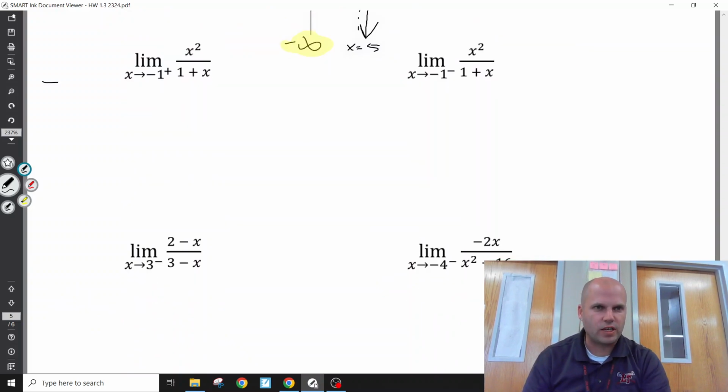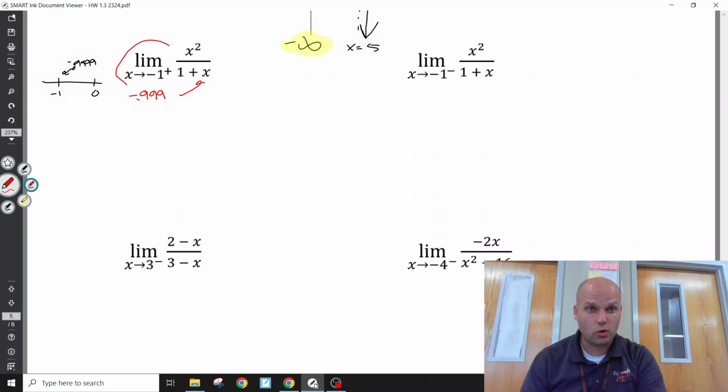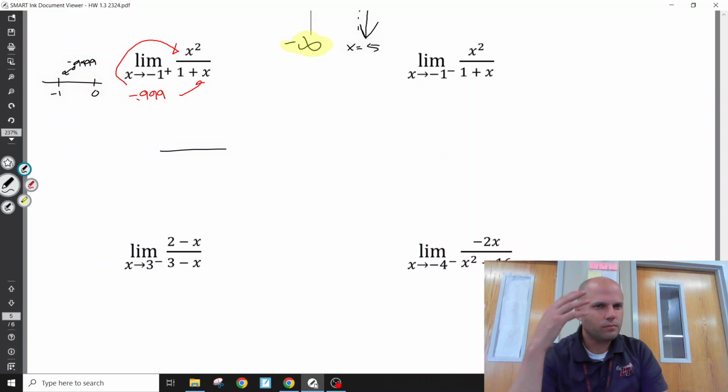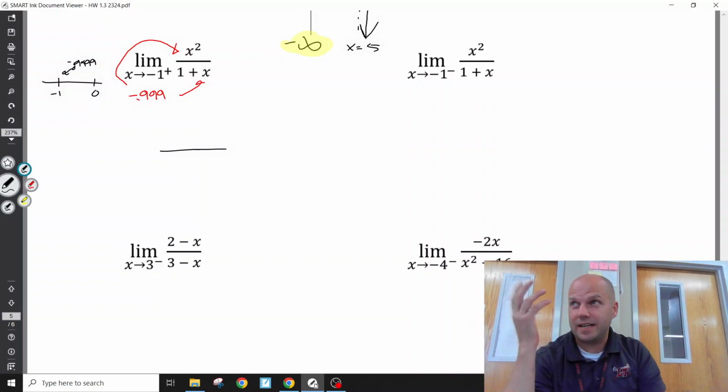-1 to the right. First thing is make sure you know what to the right of -1 is. To the right of -1 would be like -0.9999. Okay, so if I took -0.999, added it to 1, and also took it and squared it. Well, if I took -1 and squared it, I'd get 1.